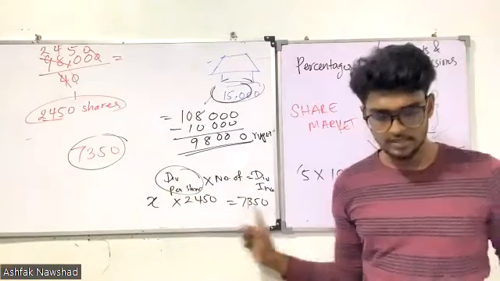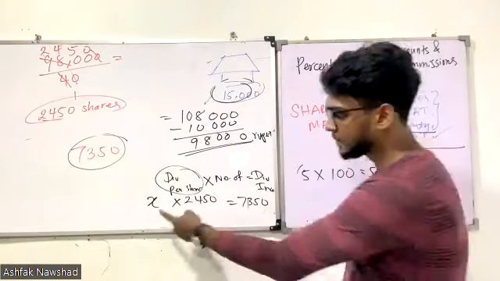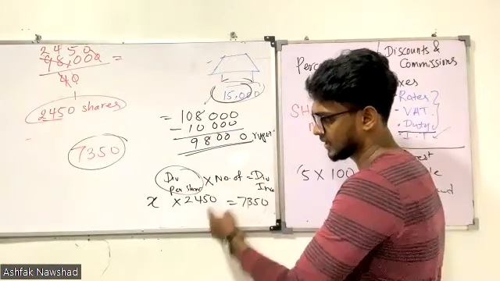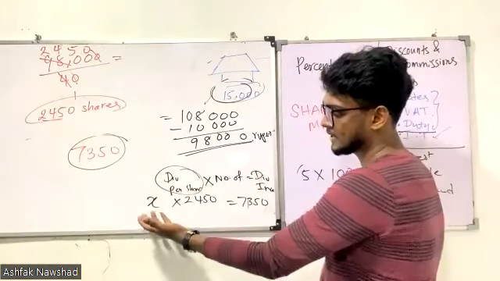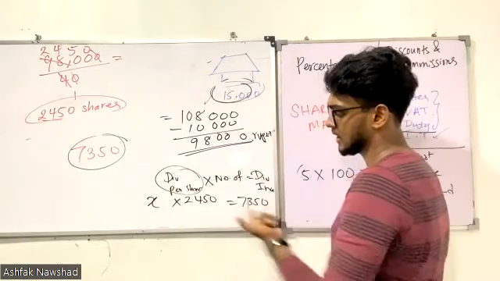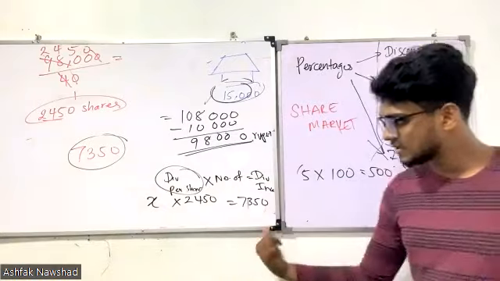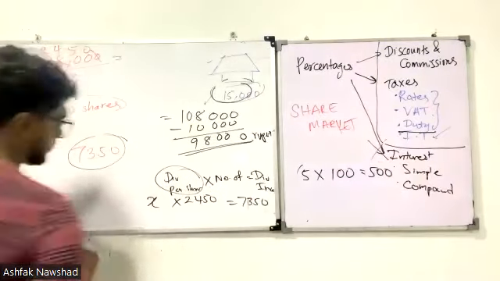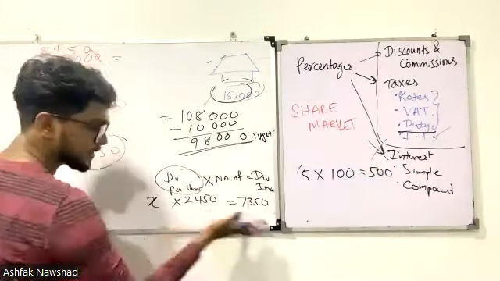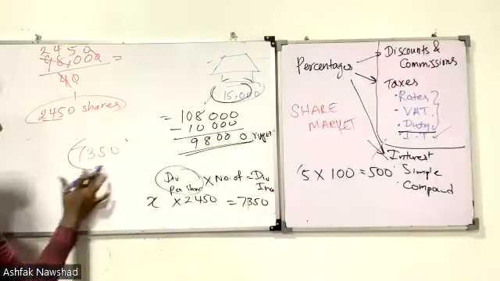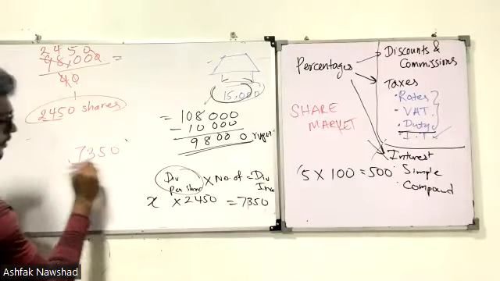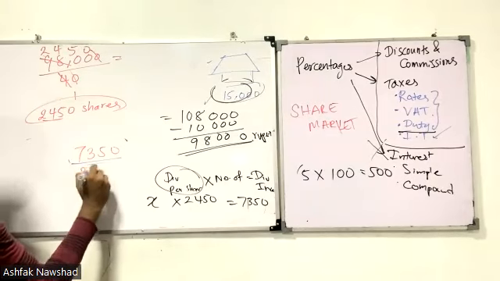Is this clear? The dividend stuff? Dividend per share multiplied by number of shares. If you receive 5 rupees as dividend and multiply it by the number of shares, you get the total income. So we just have to divide these two. You don't have to go by equations every time. If you understood the concept, you'll just know that you have to divide by the number of shares.